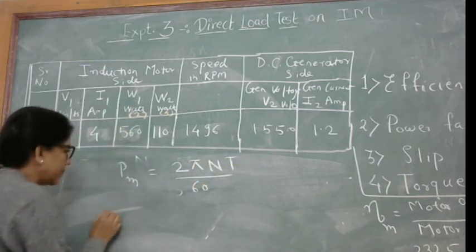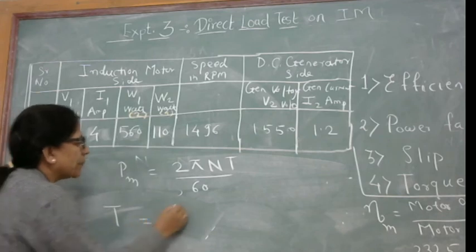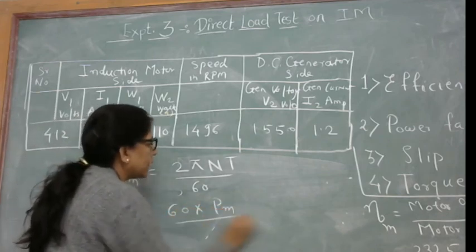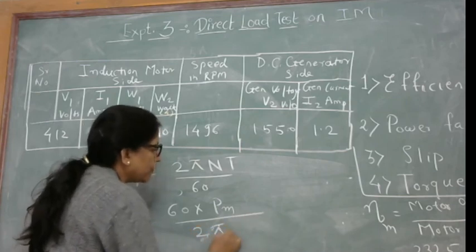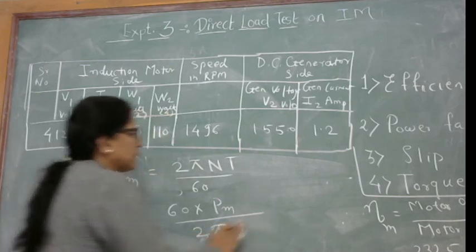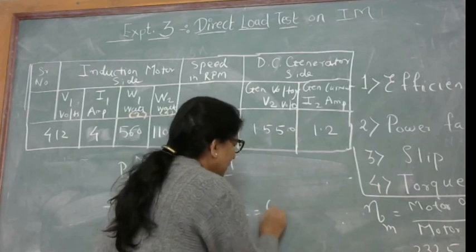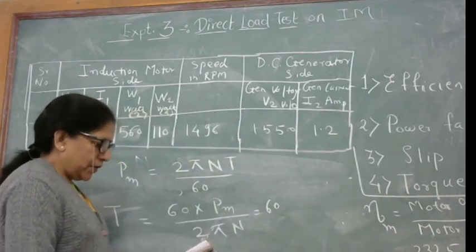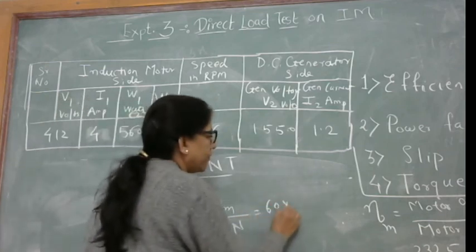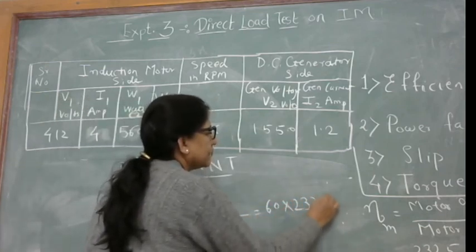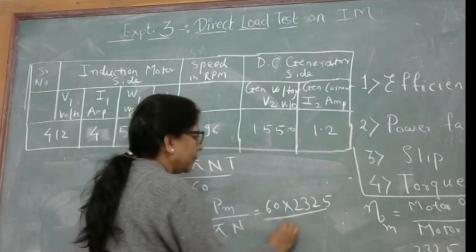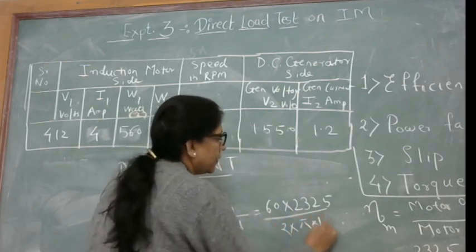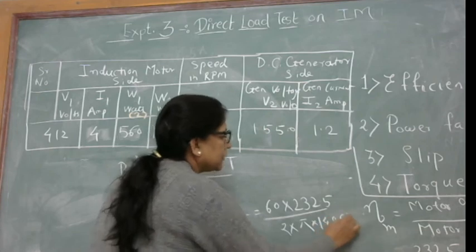You can find out the torque T equal to 60 into motor output power divided by 2 pi N. So 60 into, what was your output power? 232.5, divided by 2 into pi into 1496.